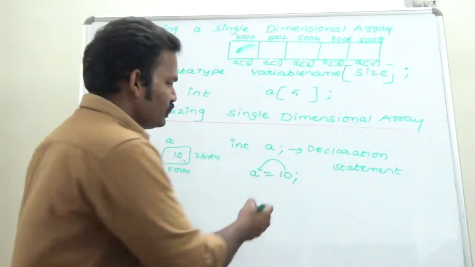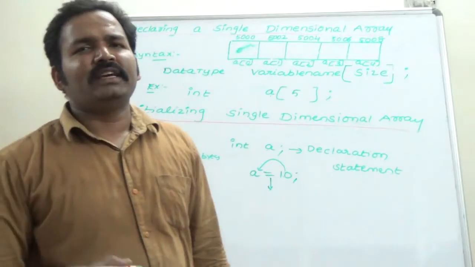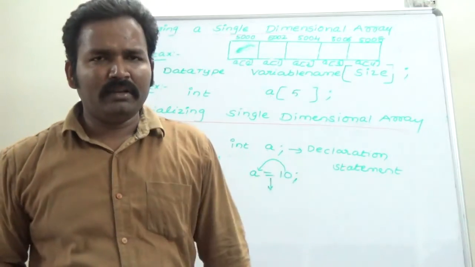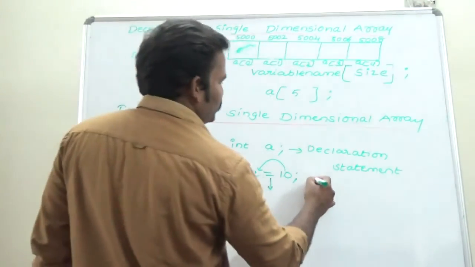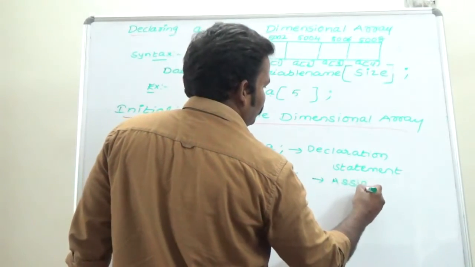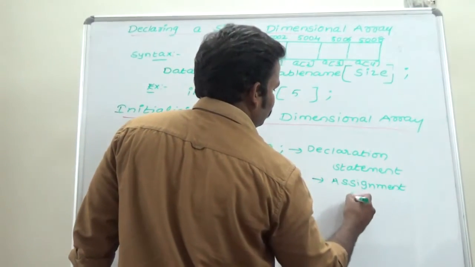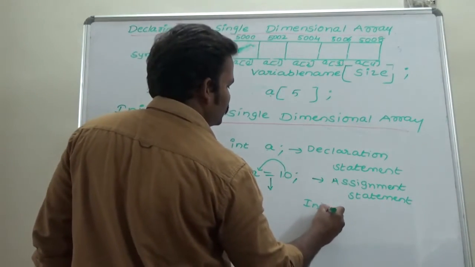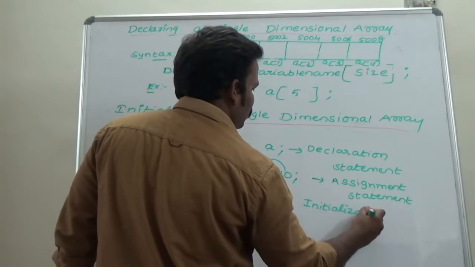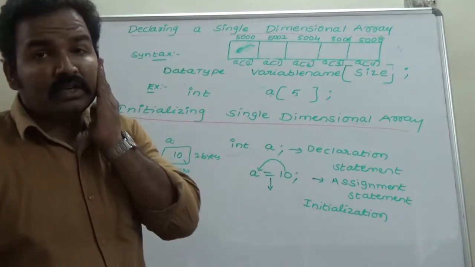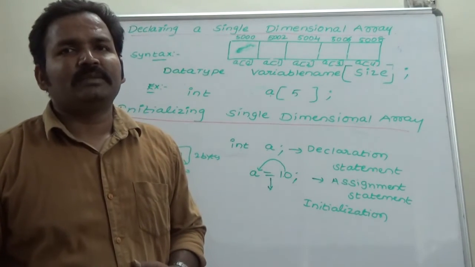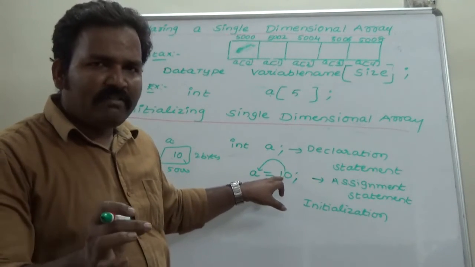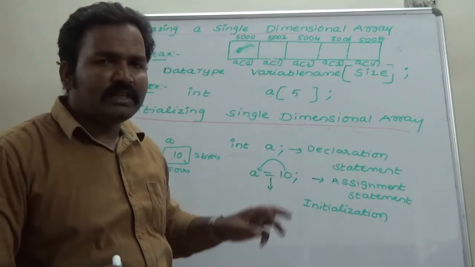So this is how to assign a value to a variable, by using equal. Equal is an assignment operator which is used to assign the right side value to the left side variable. This statement is an assignment statement, and this process is called initialization. Initialization is the process of giving an initial value to the variable.